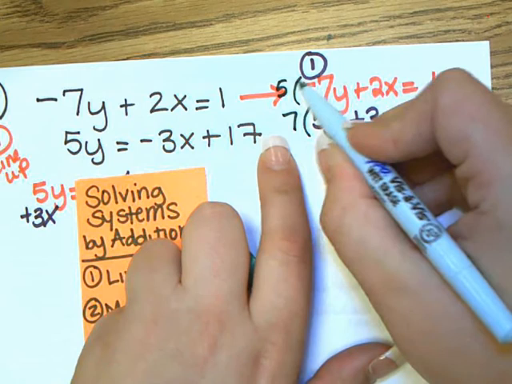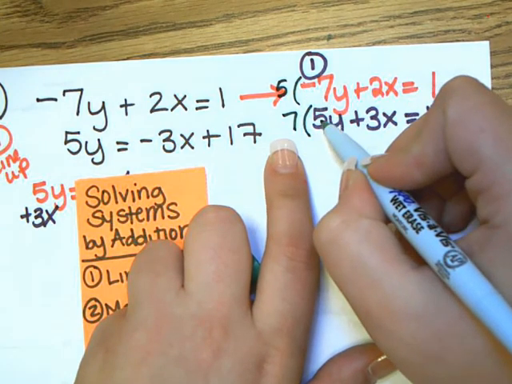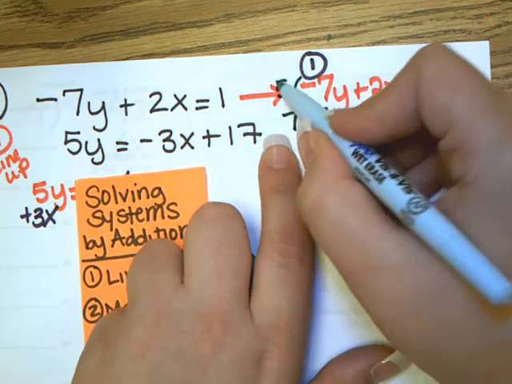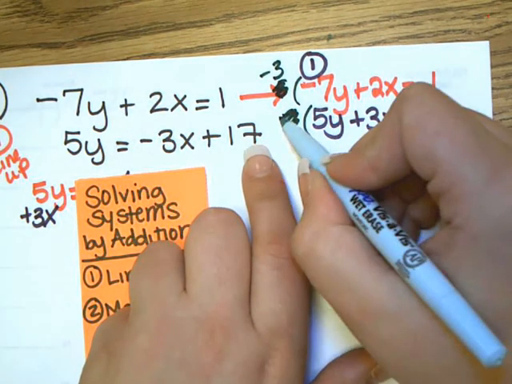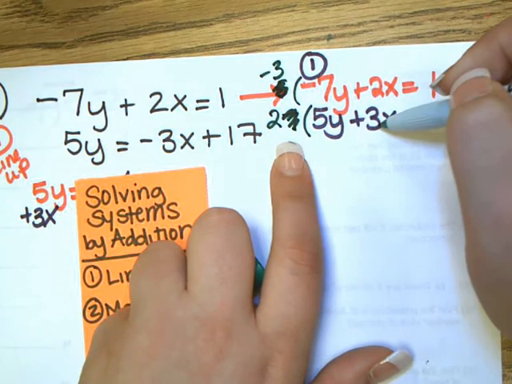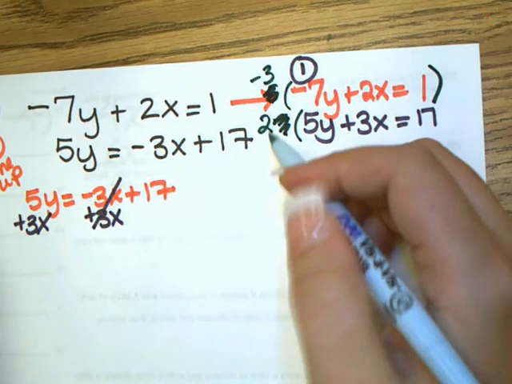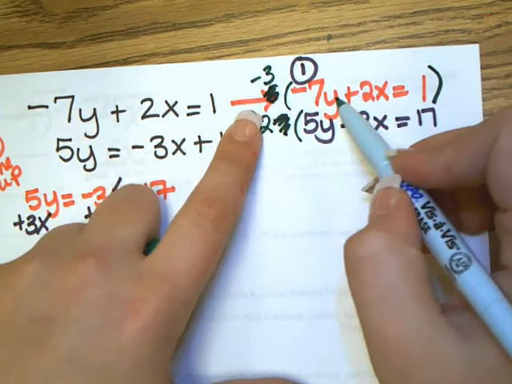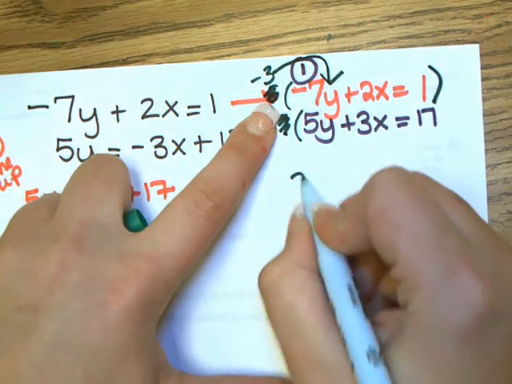So I can multiply the top equation by 5, and the bottom equation by 7, because then I'd have negative 35 and positive 35. Or I can multiply the top equation by negative 3 and the bottom equation by 2, and then I'd have negative 6 and positive 6. Doesn't matter, I'm going to go with this option.